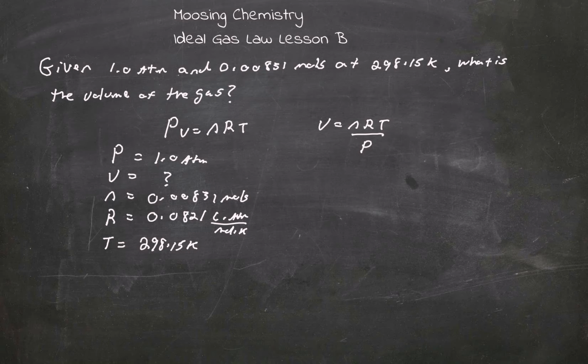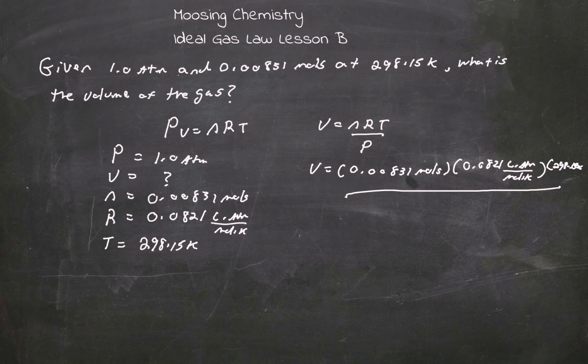Okay, so now what we're going to do is plug in our known values. So V equals 0.0083 moles, times our gas constant, 0.0821 liters times atmospheres over moles times Kelvin, times our temperature, which was 298.15 K, divided by our pressure, which was 1.0 atm.